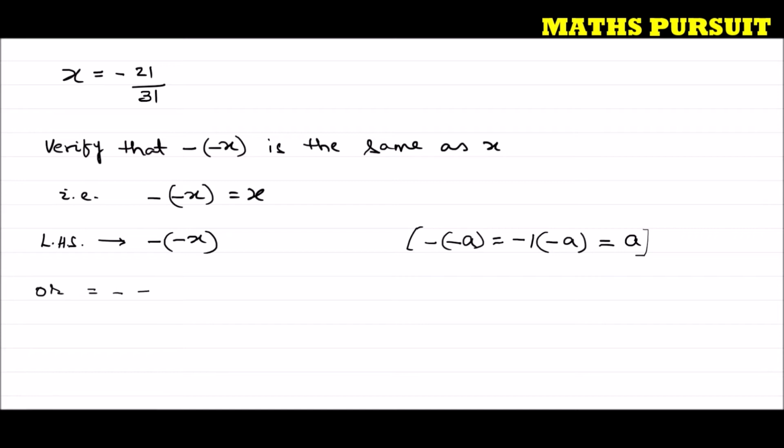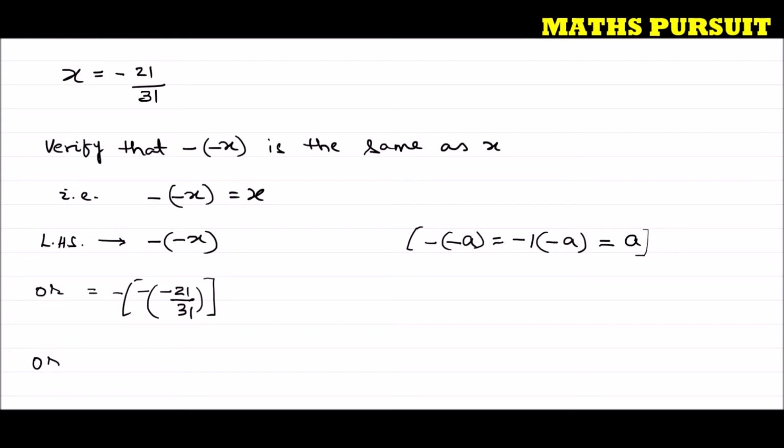Instead of x, I am going to replace this value with minus 21 upon 31, which is being given in the question. So what we got? We got minus into minus 21 upon 31.